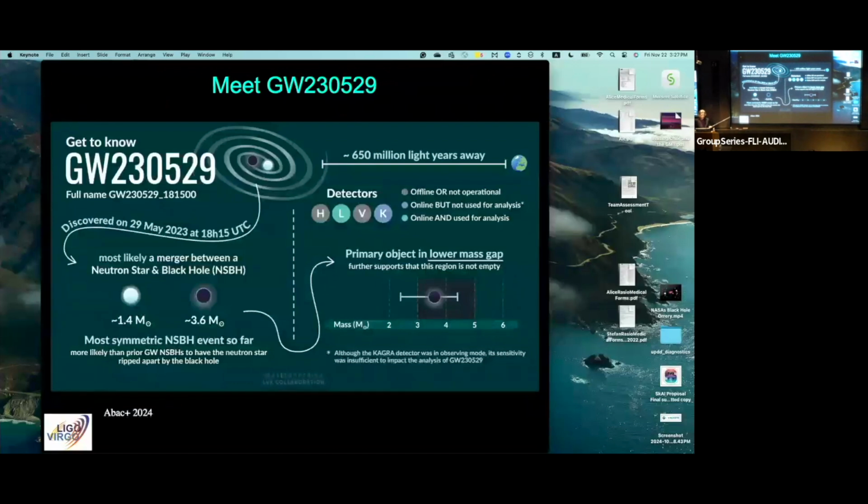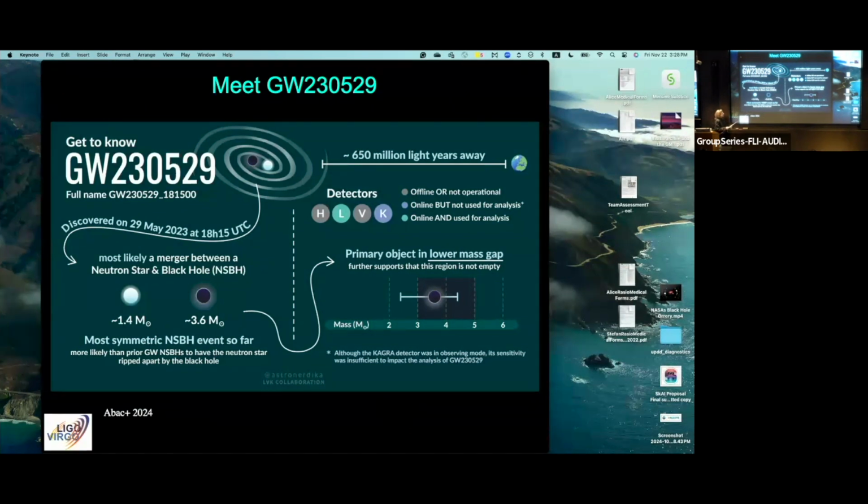Let's come to today. Well, not today, but where are we now? With our fourth observing run, we detected this one system, which is the only system we have reported on from our fourth observing run. 0529, we're going to call it in short.